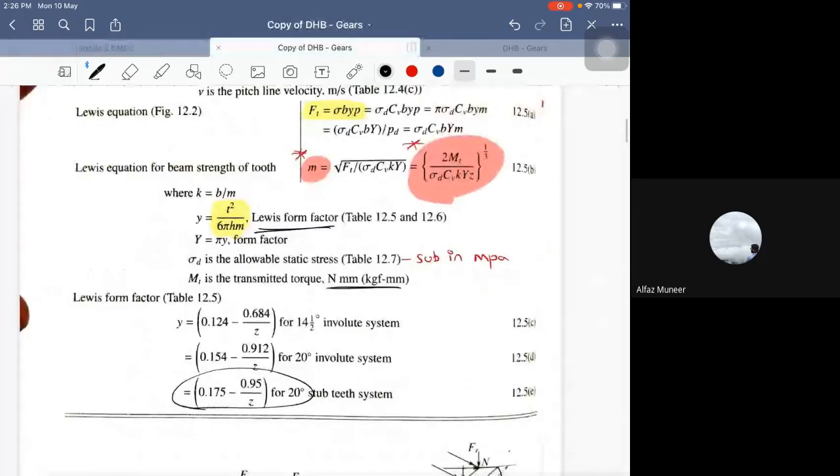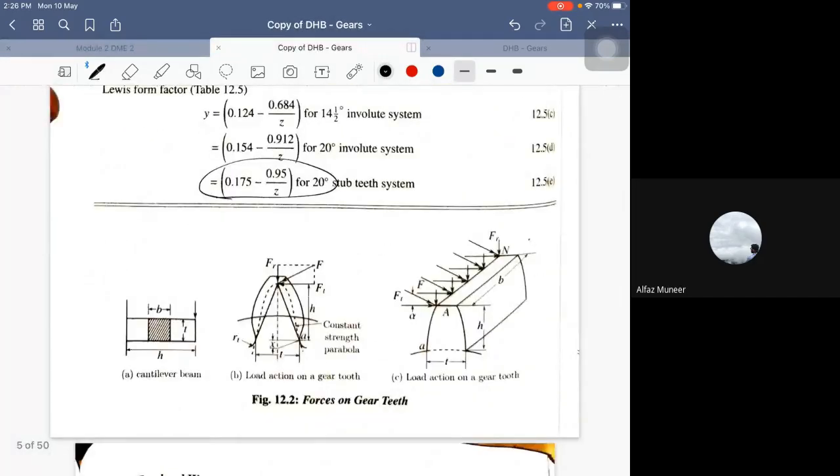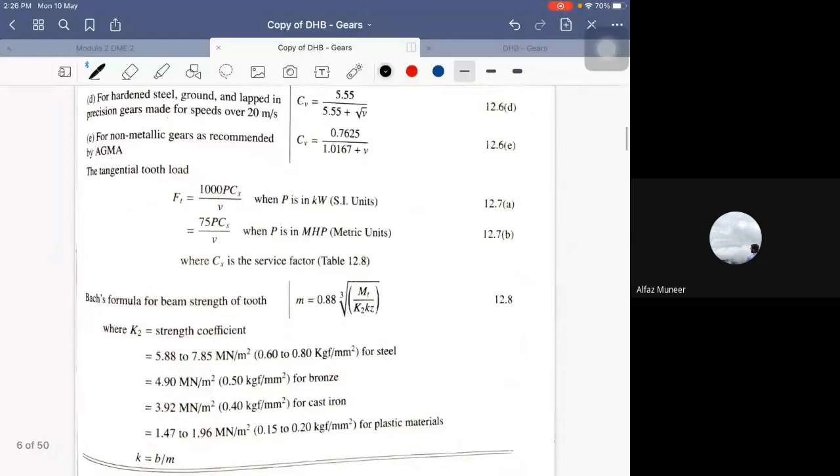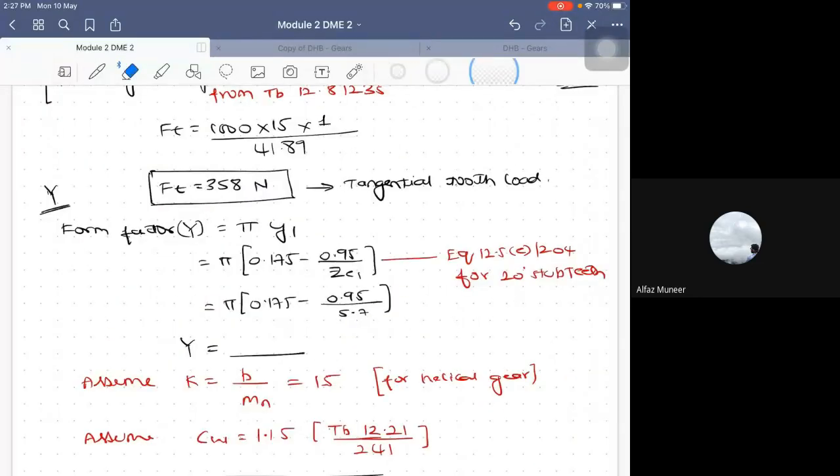You have to write it as ZE1 there, because it is an equivalent number of teeth on the spur gear. So this is important, I will just highlight this. You're converting it into a spur gear and then finding out the value of form factor. Initially you found the value of ZE1 as 5.7. So just substitute everything and get me the value of form factor.